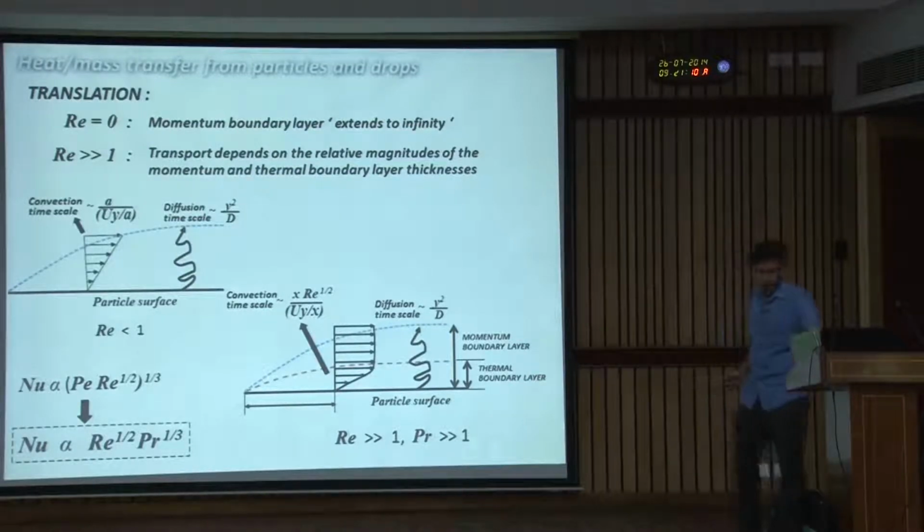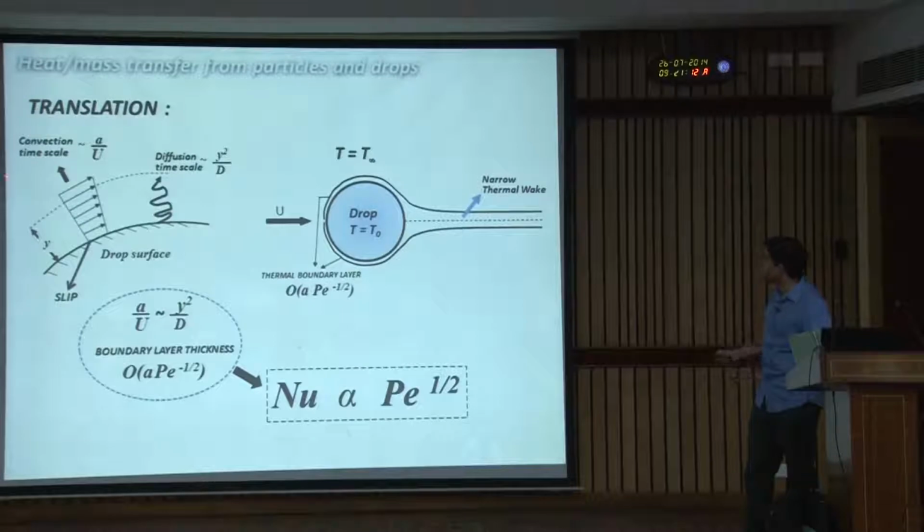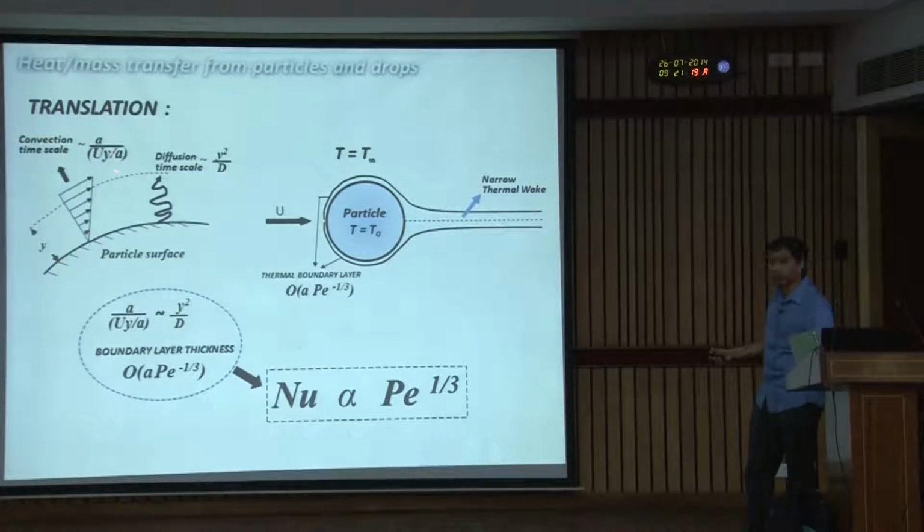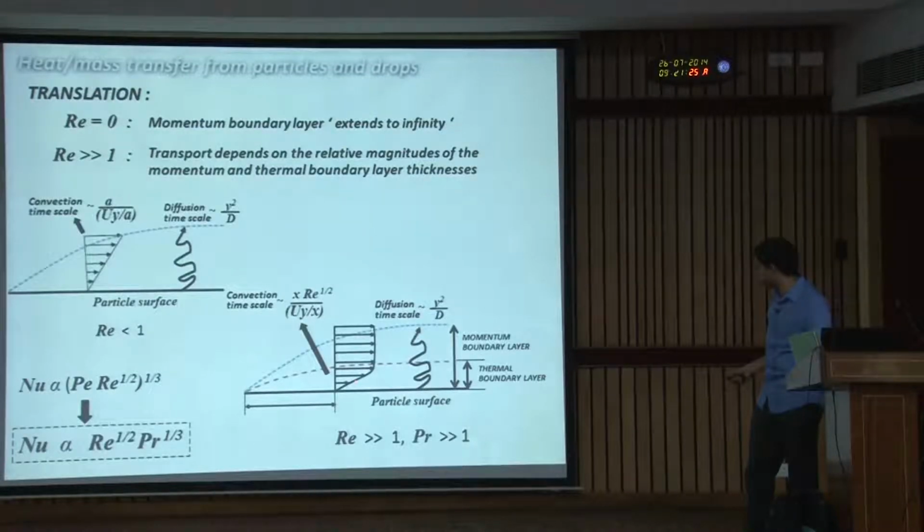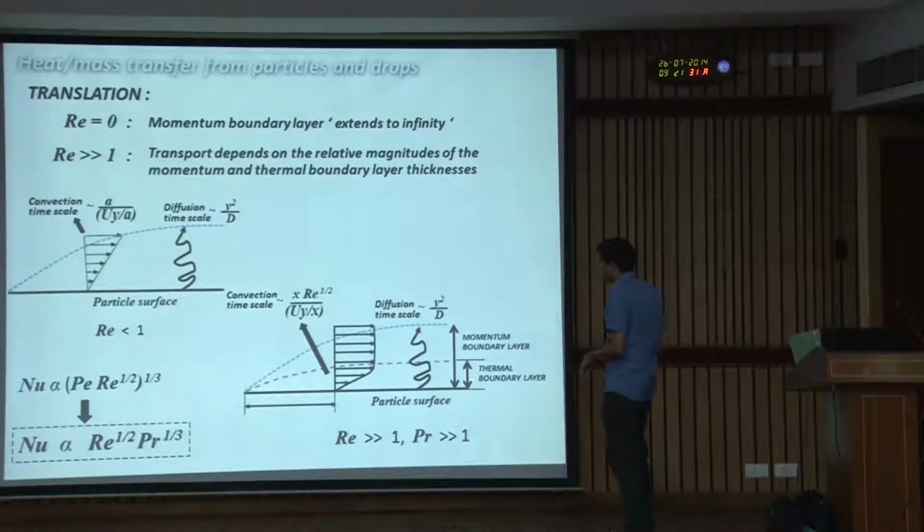If you remember for the original case, we said that it was uy by a. So it rose to capital U in a length scale of order a. But now, because there's Reynolds in the scenario, in the boundary layer case it's going to rise to U in a distance of order the boundary layer thickness. So it's going to rise much faster, and therefore the convection time scale changes.